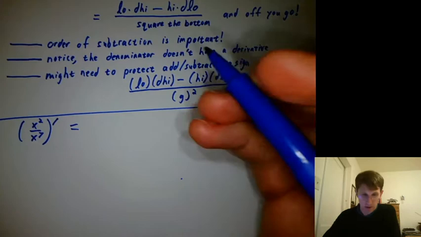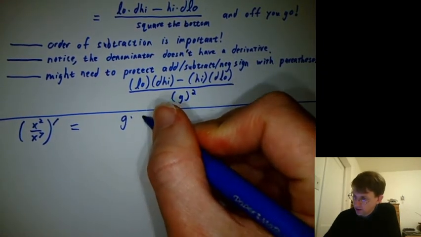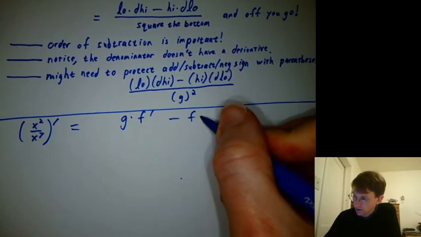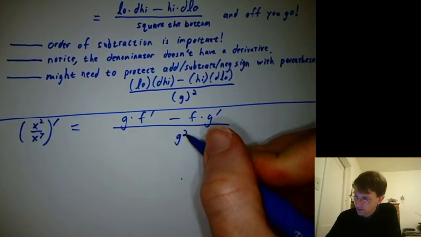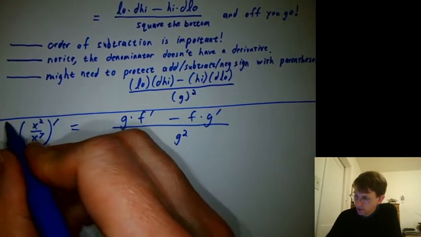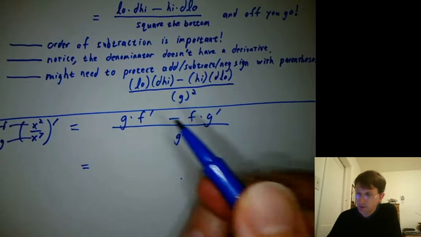So pause the video and do that. Okay, welcome back from pausing. So we've got g times f prime minus f times g prime over g squared. And we're thinking f is x squared and g is x to the 7th.